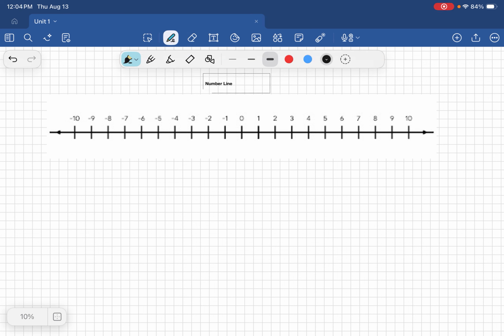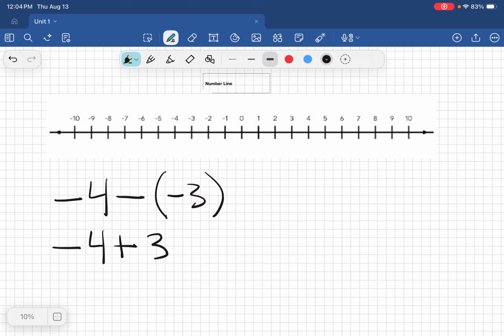Now let's try negative 4 minus negative 3. This time, we're subtracting negative 3. The opposite of negative 3 is positive 3. So we could rewrite it as negative 4 plus 3.